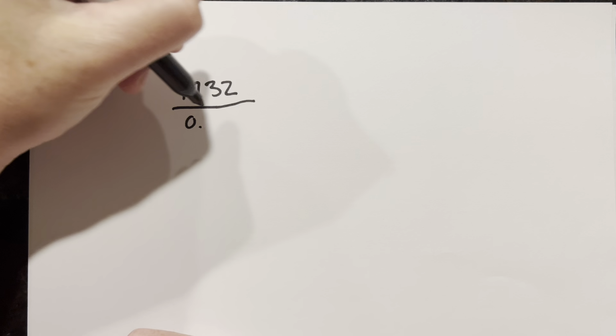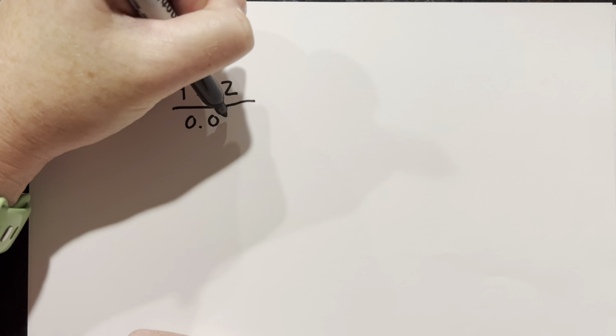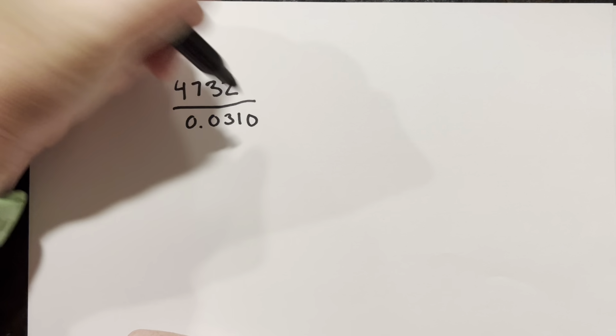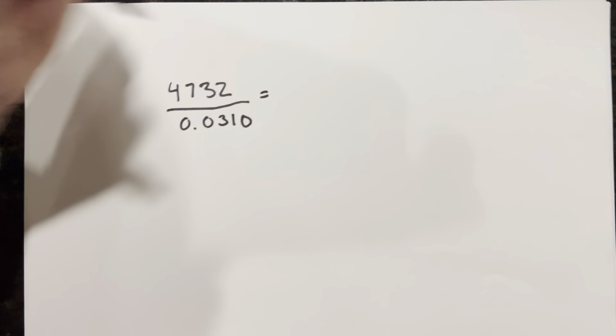So if I have a number like 4,732, and let's say I divide that number by 0.0310, and I want to know what that answer is.